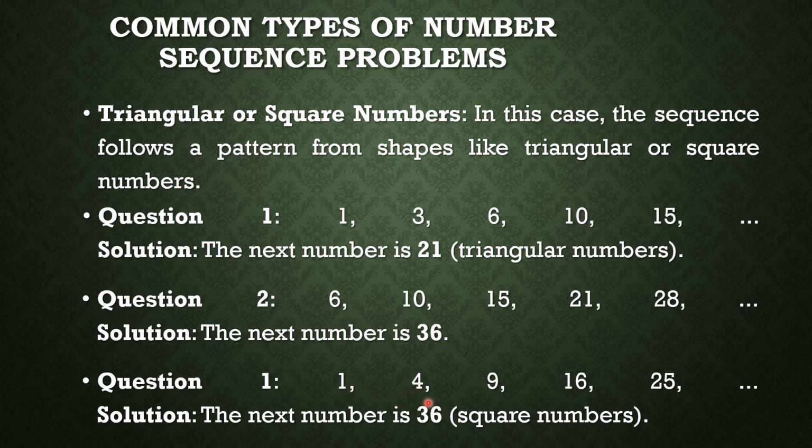If we see these numbers, they are the squares of the base sequence. So 1 squared is 1, 2 squared is 4, 3 squared is 9, 4 squared is 16, 5 squared is 25. So we can see the pattern matches square numbers, and the next number would be 6 squared, which is nothing but 36.